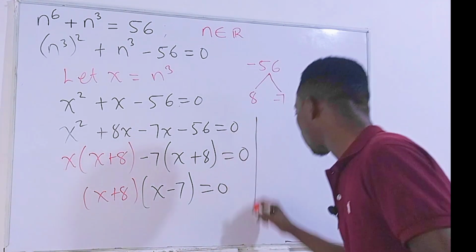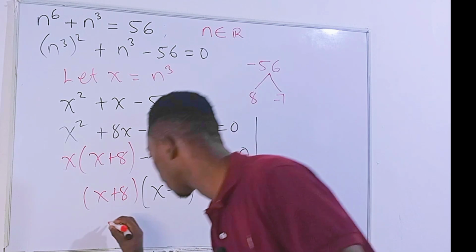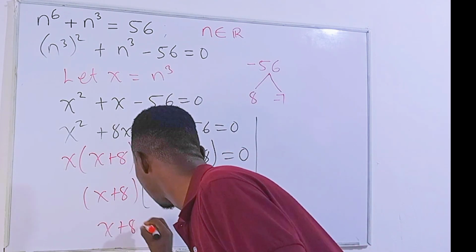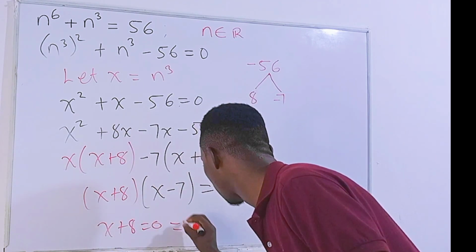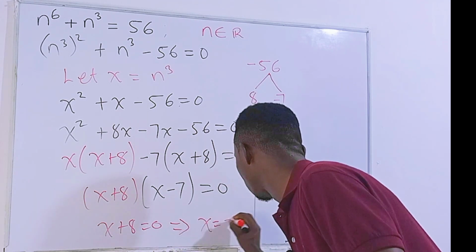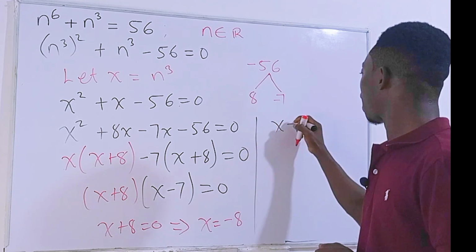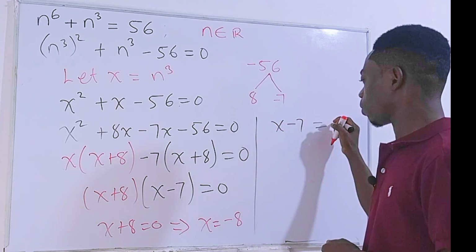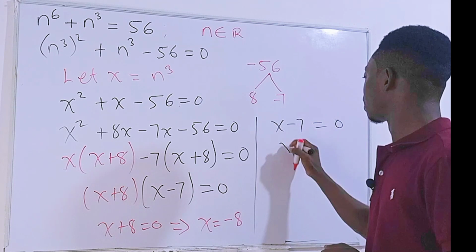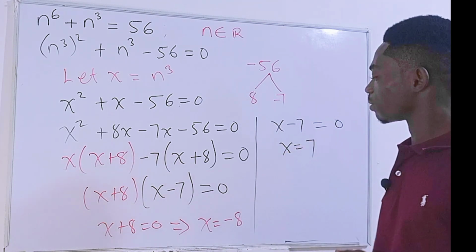In fact, the first equation is going to be, let me write it here, x plus 8 is equal to 0, and this implies that x is equal to negative 8. Then the second equation is also going to be x minus 7 is equal to 0, which also implies that x is equal to positive 7.